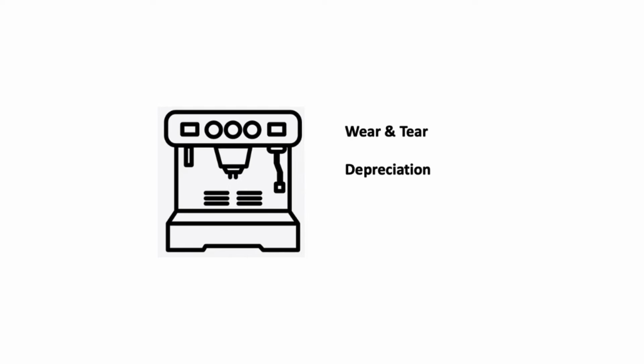Depreciation is a cost of doing business, just like buying coffee beans and milk, because you will eventually have to buy a new coffee machine if you stay in the business. For the sake of simplicity, let's assume a depreciation of rupees 100 per day.